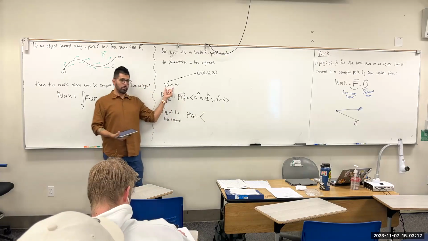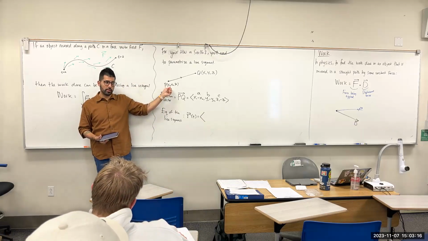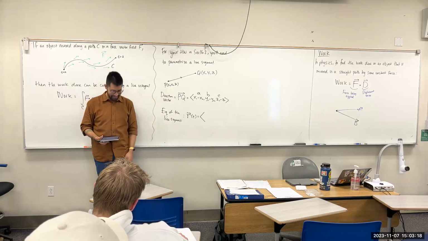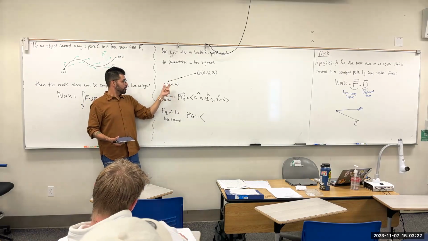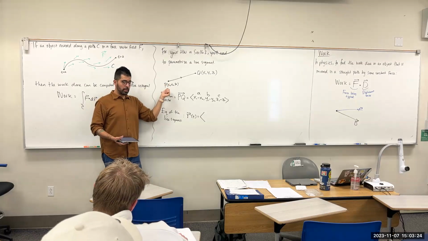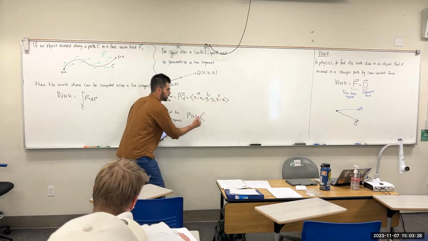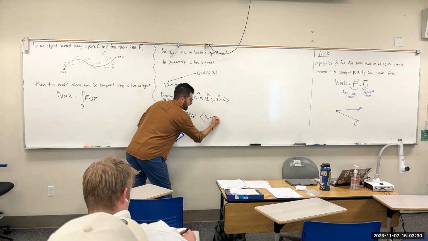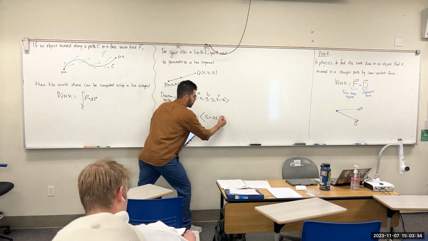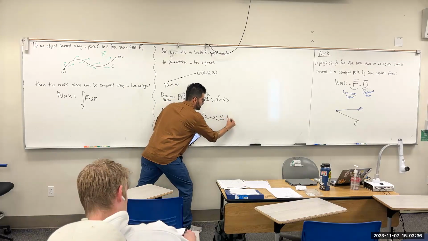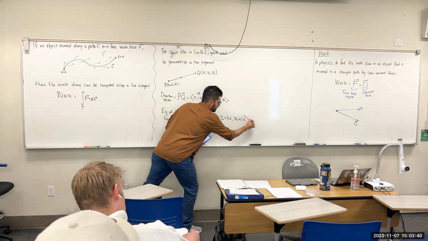Remember, you grab the initial point, and then you use the direction vector A, B, C. So it was x0 plus At, y0 plus Bt, z0 plus Ct.